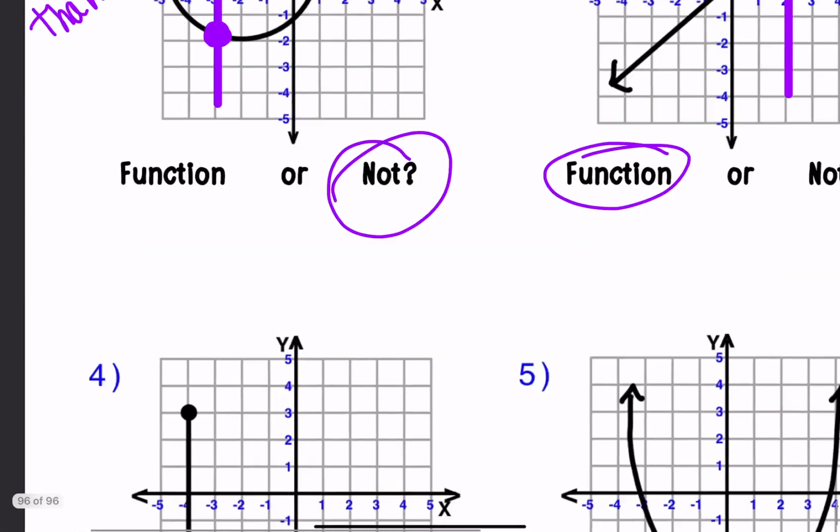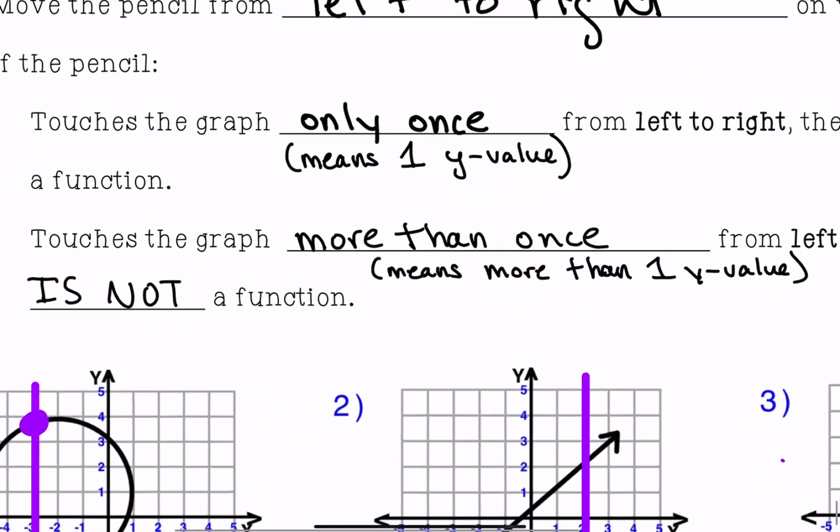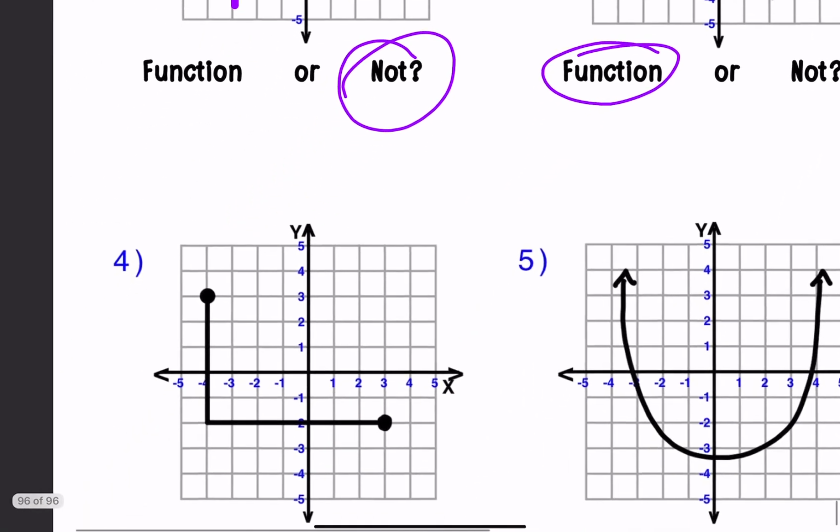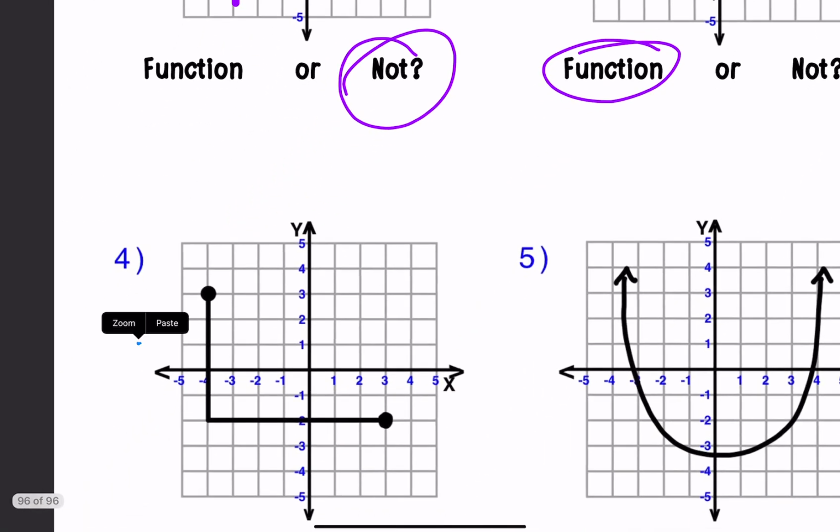All right, looking at 4. So let me reiterate before we go to 4. If it touches the graph only once, that means there's only one y value. If it touches more than once, that means it's more than one y value. So looking at this next one, get ready to start.